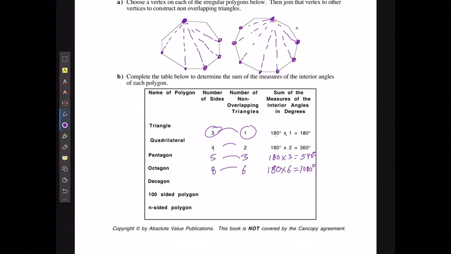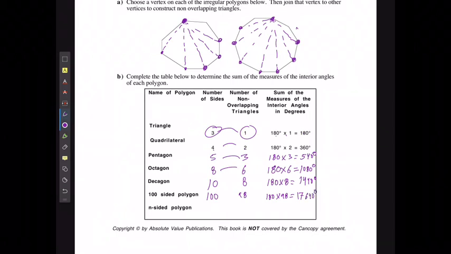If I have that decagon, then I'm going to have 10 sides, which means it's going to create 8 triangles, and 180 times 8 is going to give me 1440. If I had a 100-sided polygon, then I'm going to have 98 triangles. 180 times 98 is going to equal 17,640.